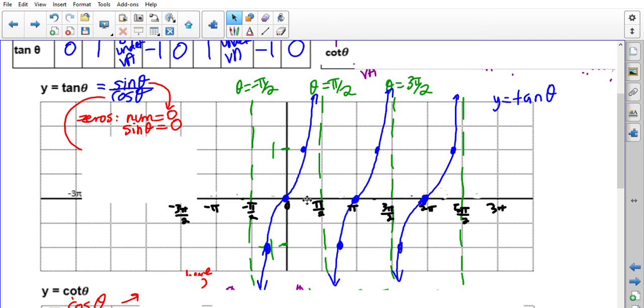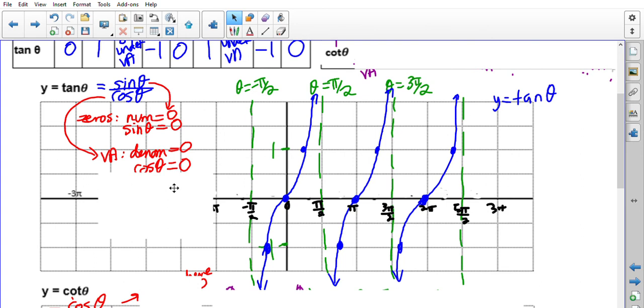And that's true. Sine theta equals 0 at 0, pi, and 2 pi. And then obviously it continues. We know from last unit that wherever the denominator equals 0 is where there should be a VA. So because cos theta is in the bottom, we should have a vertical asymptote wherever cos theta equals 0. Cos theta equals 0 at negative pi over 2, pi over 2, 3 pi over 2, and forward.